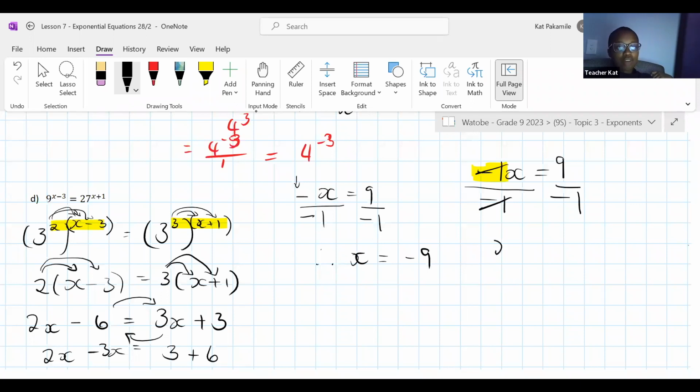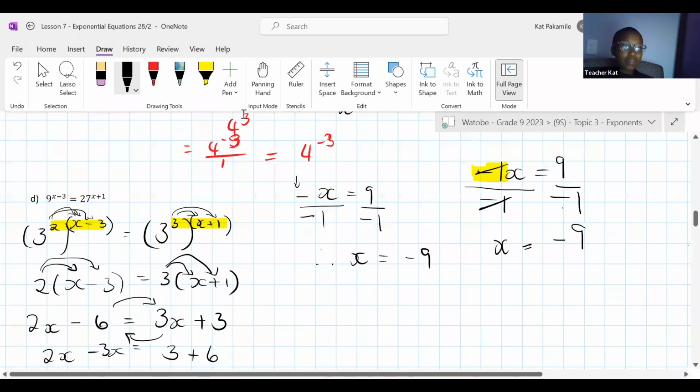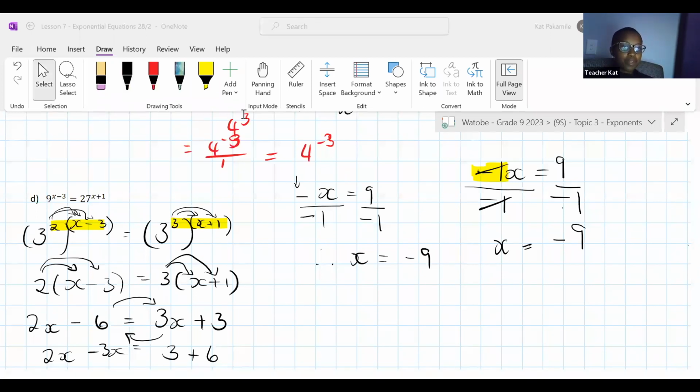So this side, you'll have your x, which is what we wanted, equals a positive and a negative give you what? Negative. And then 9 divided by 1 is 9. Do you see how we got there? Okay, thank you, ma'am. You're welcome.